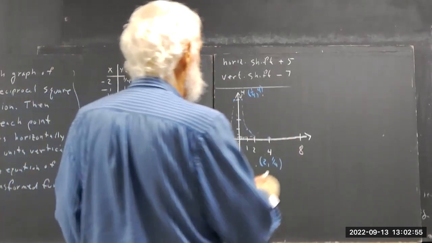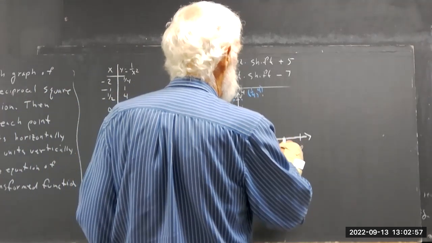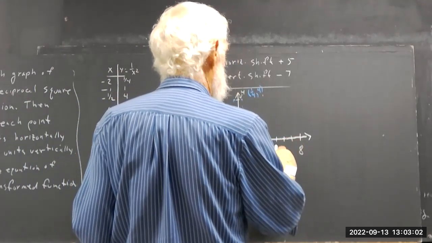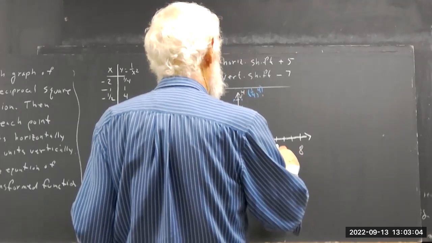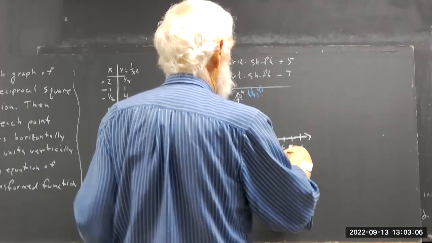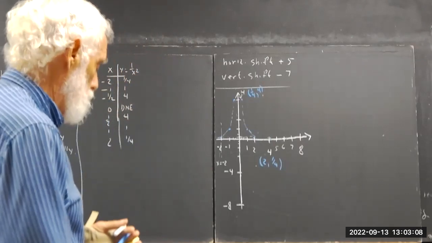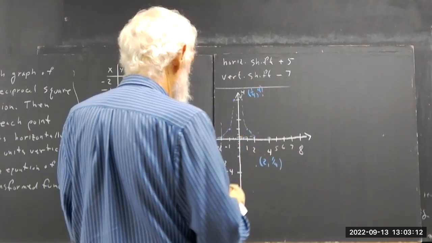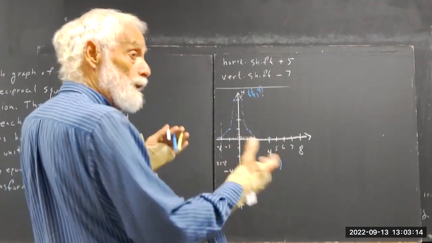Well, where's x equals 7? 4 is here and 8 is here, 6 is halfway between, and then 7's here, and 5 is here. So I can safely say there's 5, 6, 7. Okay, so the x equals 2 point moves over to x equals 7. The y value doesn't change.